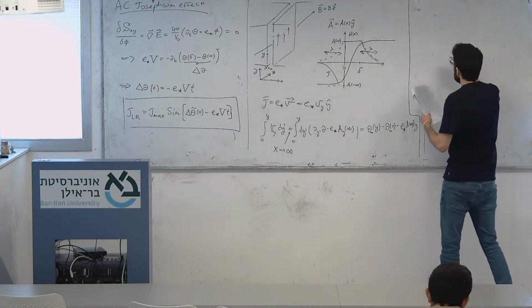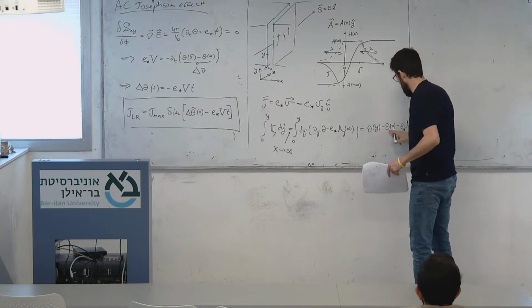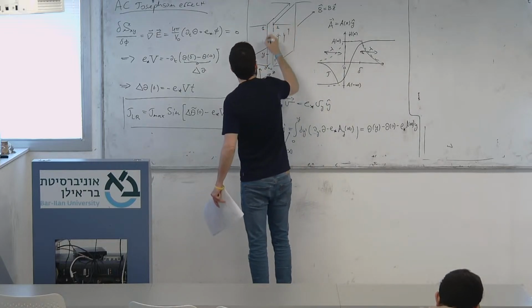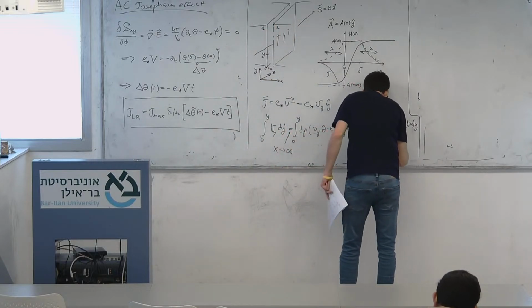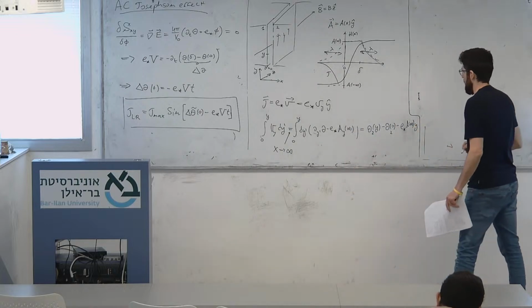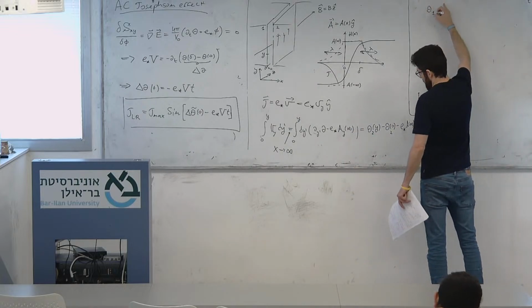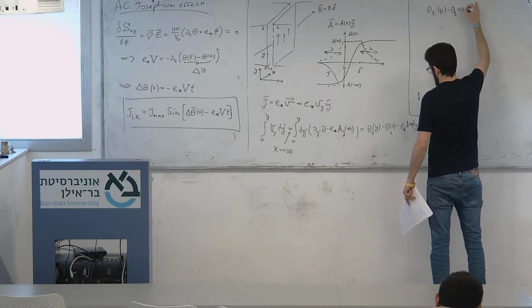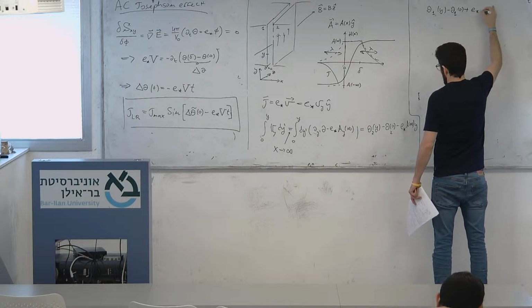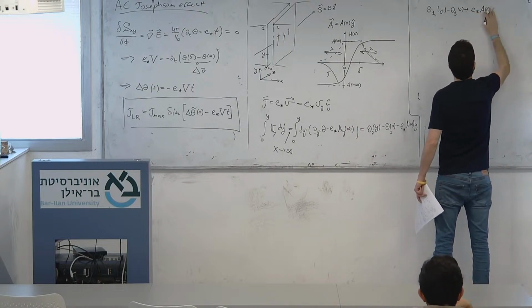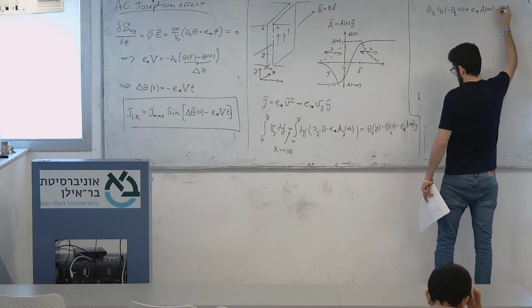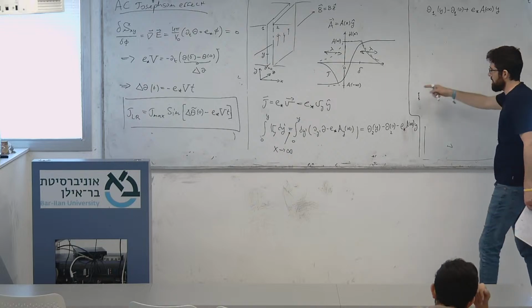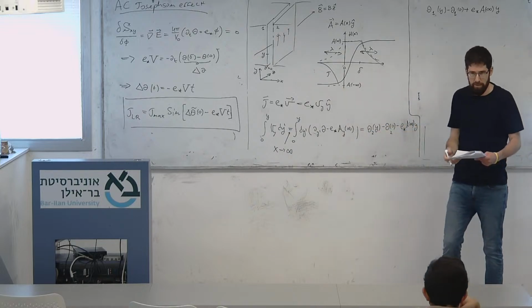Let's call this superconductor 2 and this superconductor 1. So let's call this theta 2, and then we have therefore theta 1 of y minus theta 1 of 0 is plus E star A of infinity times y. Or minus A of minus infinity, but A of minus infinity is minus A infinity.